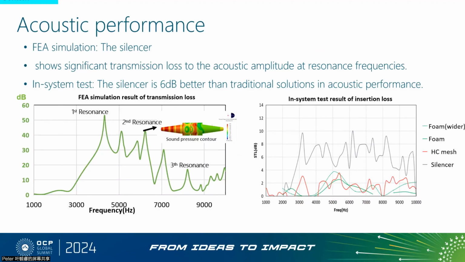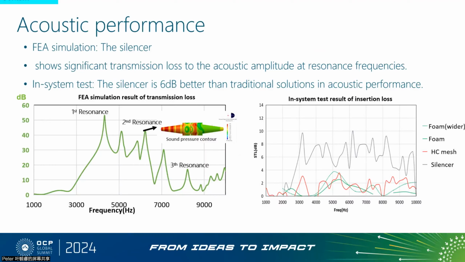To further validate our design, we fabricated several 3D printed prototypes and integrated them into the server enclosure. Utilizing the OCP dynamic surrogate, we quantified the insertion loss of these silencers as depicted in the figure at the lower right.